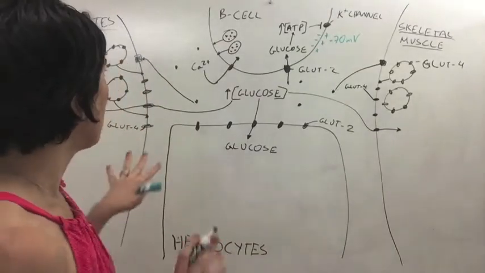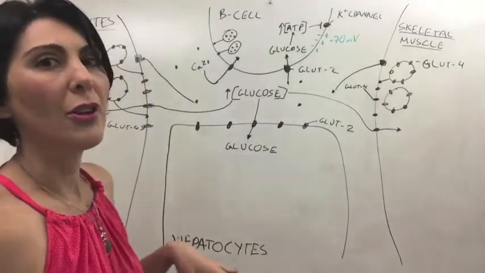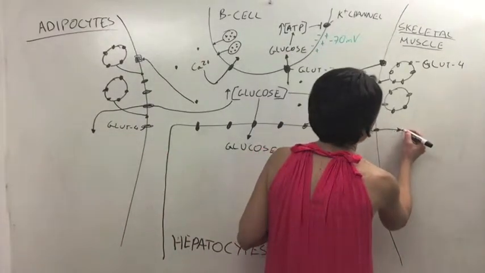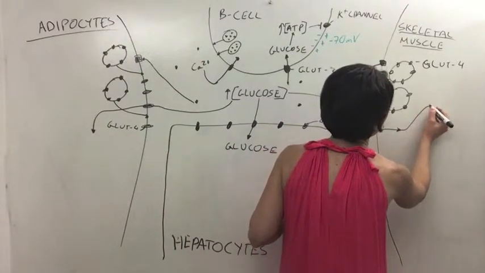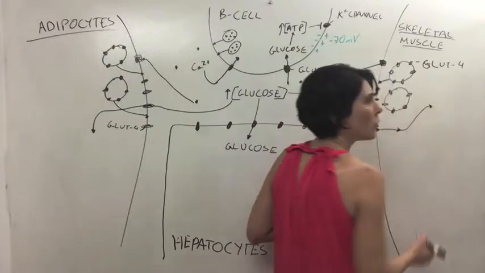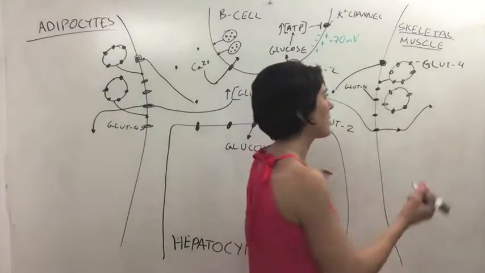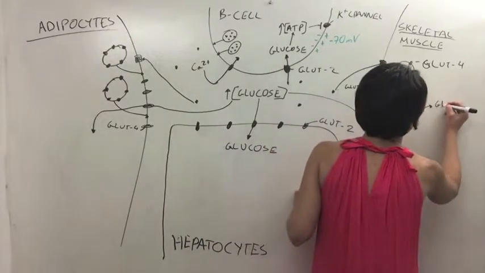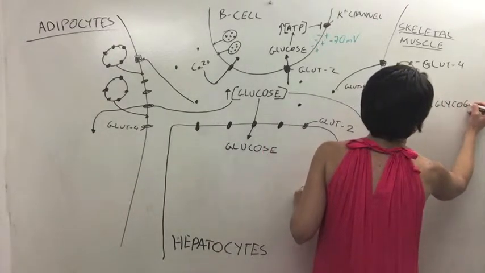Okay, so what happens in each of these tissues to glucose? So generally, some of the glucose will be stored as glycogen, so it will go through glycogenesis, the generation of glycogen.